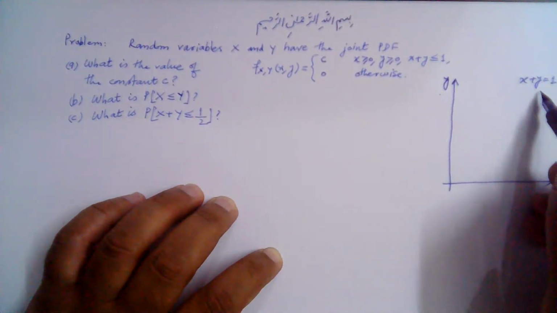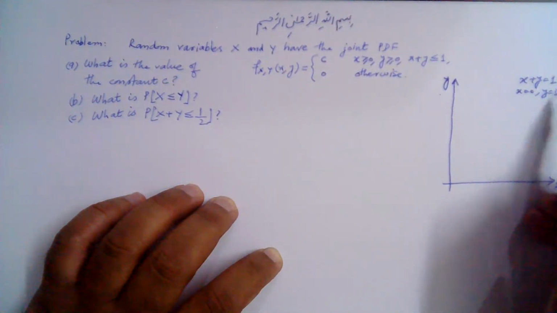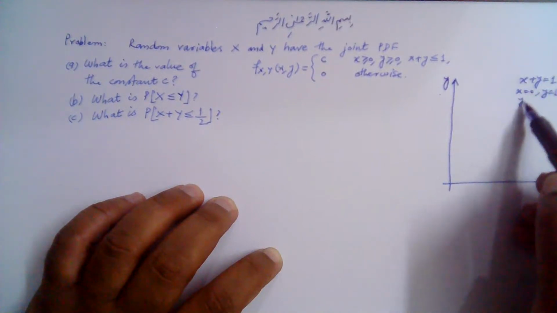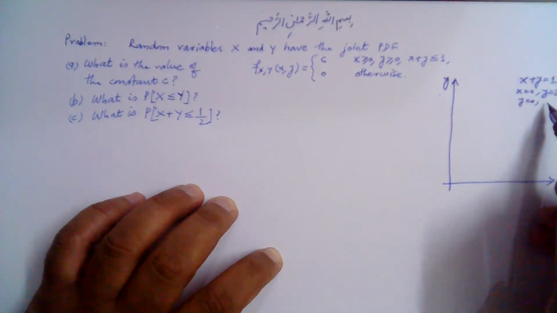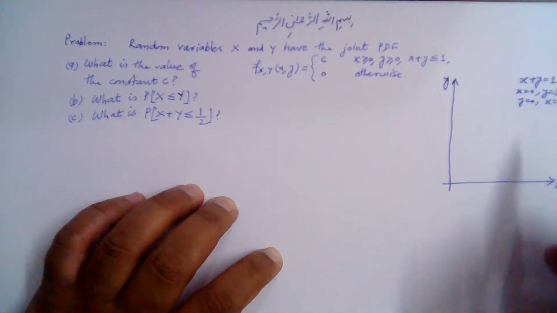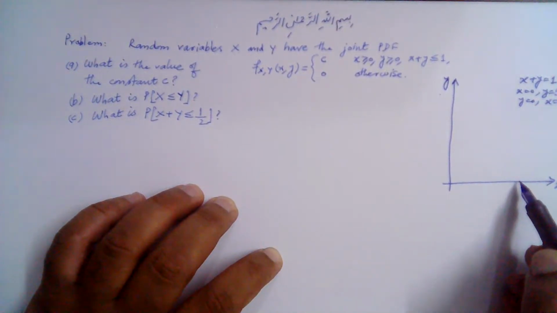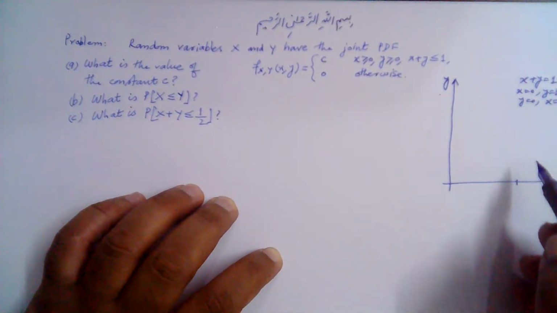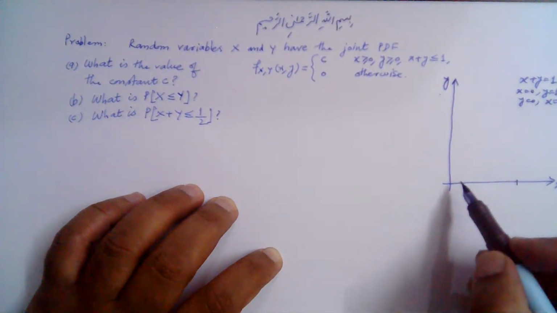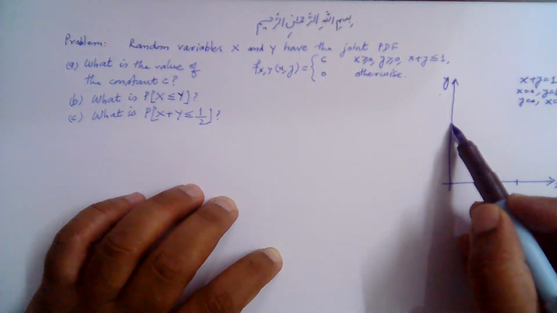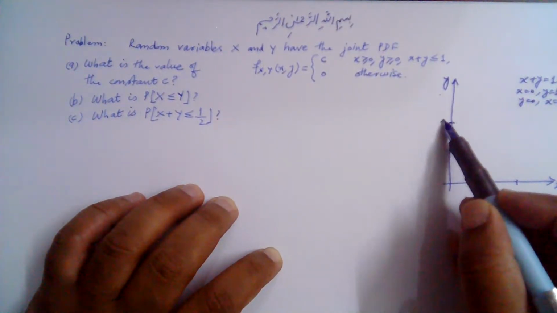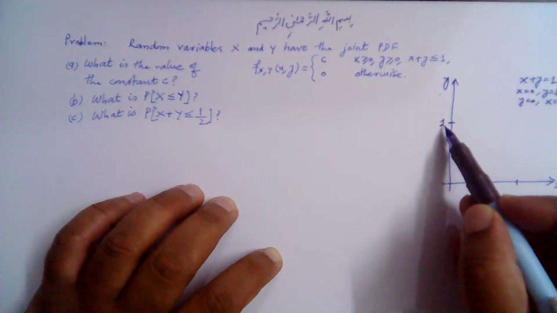So when x is equal to 0, we have y is equal to 1. And when y is equal to 0, we have x is equal to 1. So x is equal to 1 when y is equal to 0, right? So this is this point here, and this point when x is equal to 0, we have here, right? So this is y equal to 1 when x is equal to 0.